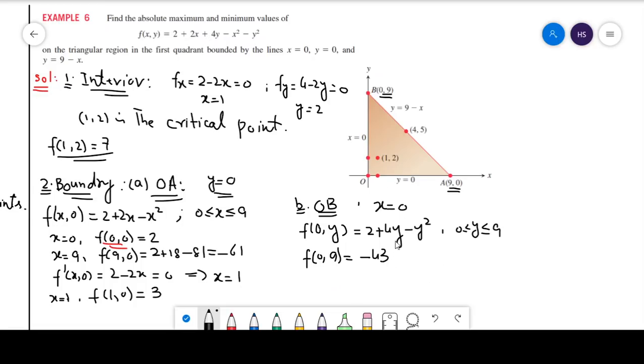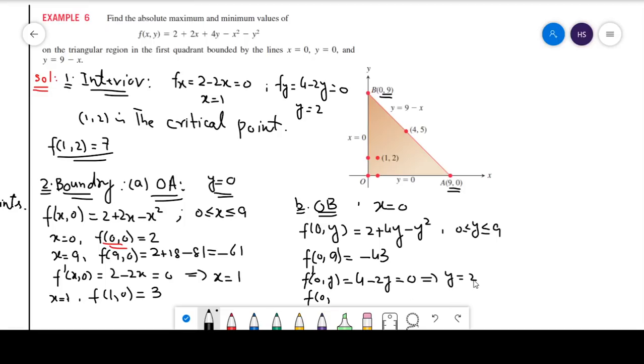So now we have to check the interior points. For that we need to calculate the derivative. This can never be undefined. So if this is 0, then y becomes 2. So now our x is 0.